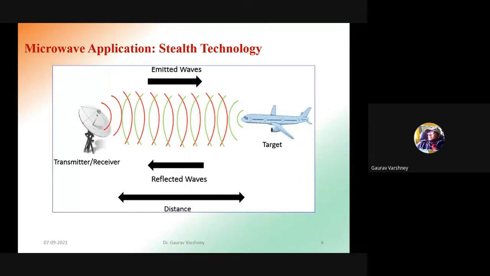Certain Indian organizations are working on it, like NAL Bangalore, DRDO, and Tech Ahmedabad as well. We can also work in that direction and write some projects, so that we can develop systems which can be useful in stealth technology.